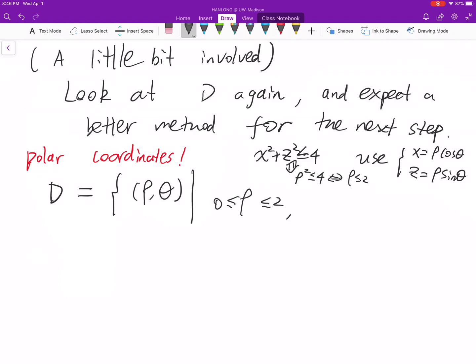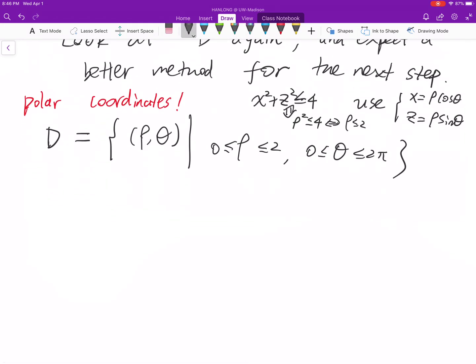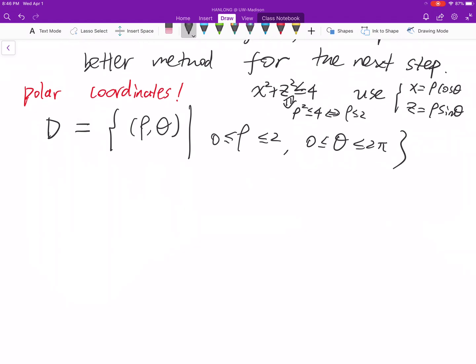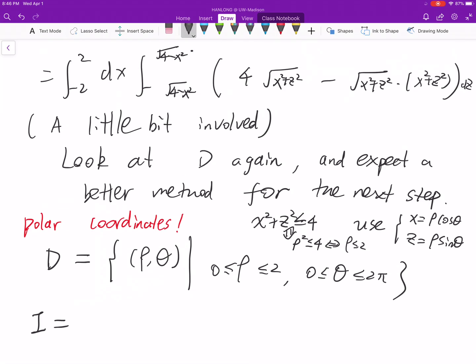So the domain can be described by the following. Rho is between 0 and 2, theta is between 0 and 2 pi. Here it's a little bit sloppy, but I'm sure you understand it. We talked about it last time, I think.